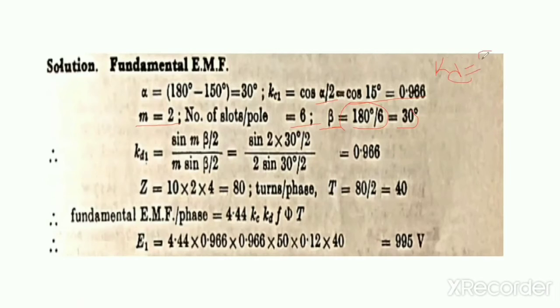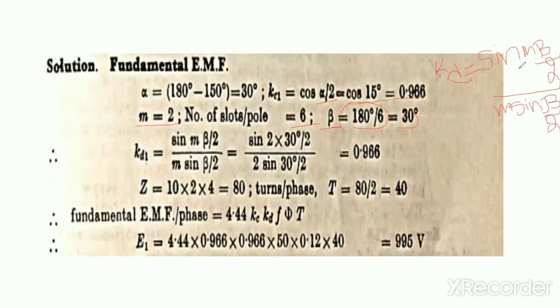Therefore, what is the formula for KD? KD is equal to sin of M beta by 2 divided by M sin beta by 2.